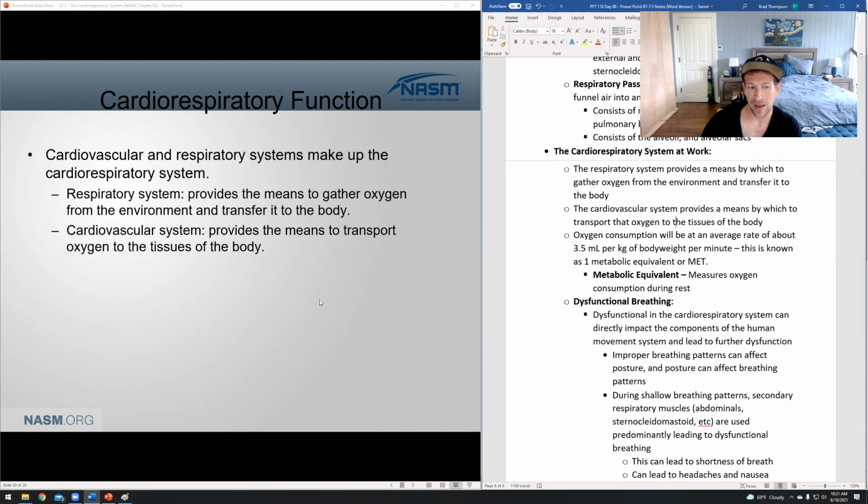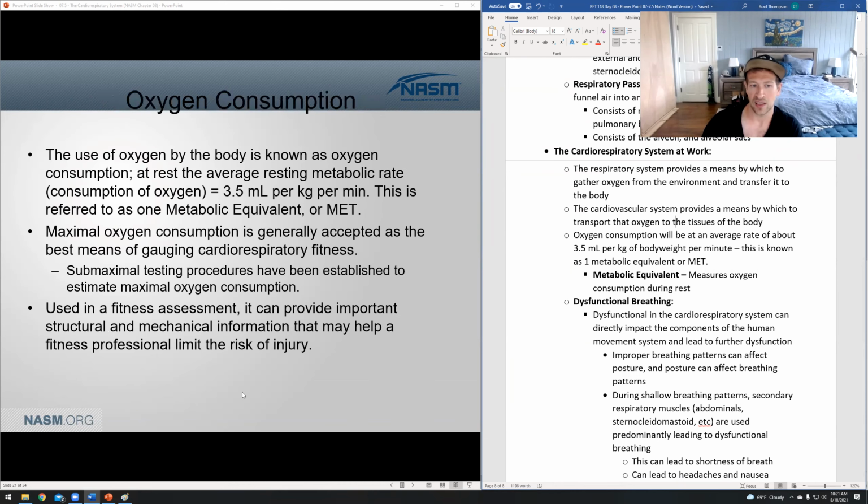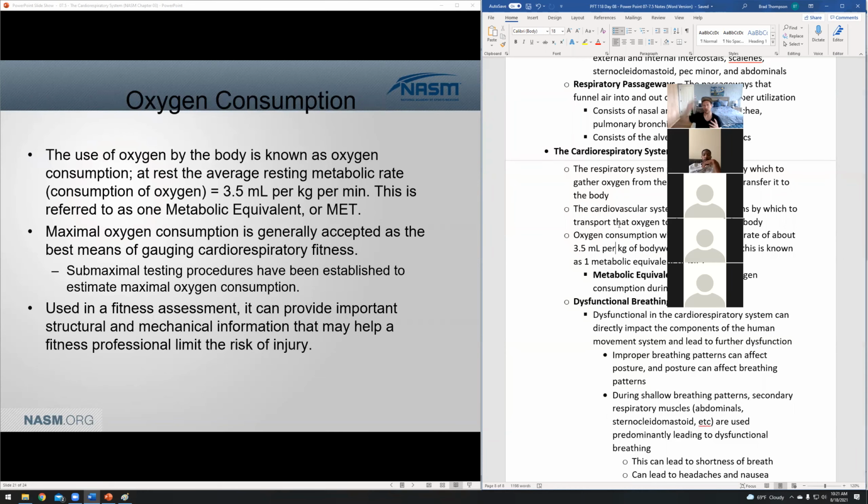So the amount of oxygen that you are generally moving per minute is about 3.5 milliliters of oxygen per kilogram of body weight per minute. So all of us use about 3.5 milliliters of oxygen for however many kilograms of body weight we have. For me, was that 87?